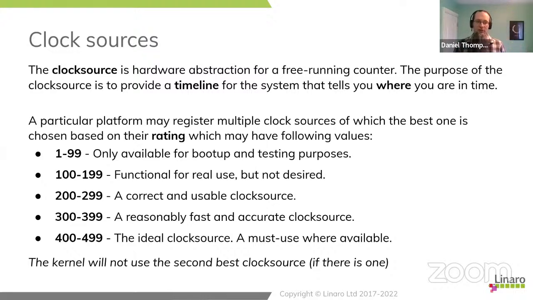If you put the system into a deep sleep state, an ideal clock source can stop ticking, in which case there can be an auxiliary clock source that continues to tick while the system is in very low power states, and then the time is synced back when we start back up to rework out where we are in natural time with this ideal clock source. But other than that, second best clock sources simply aren't used.